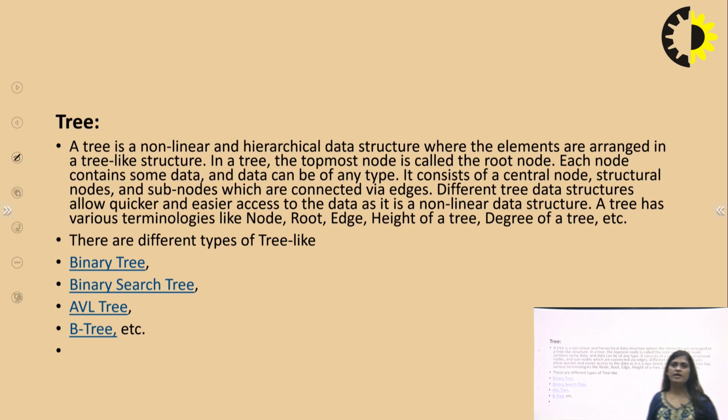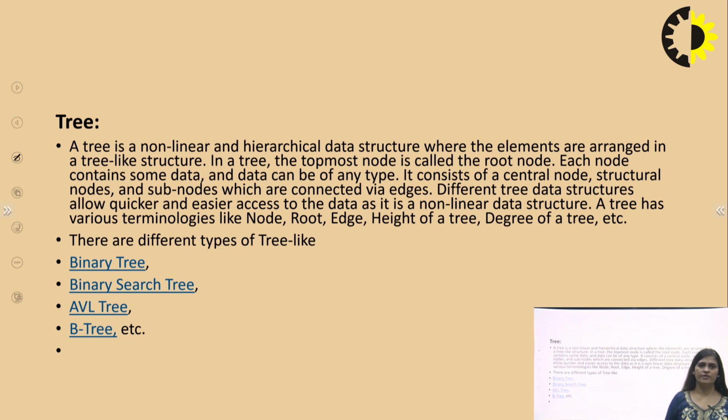Tree. It is a non-linear data structure, also called a hierarchical data structure, where the elements are arranged in a tree-like structure. In a tree, the topmost node is called the root node. The node contains some data, and the data can be of any type. It consists of a central node, structure node, and sub nodes, which are connected by edges.